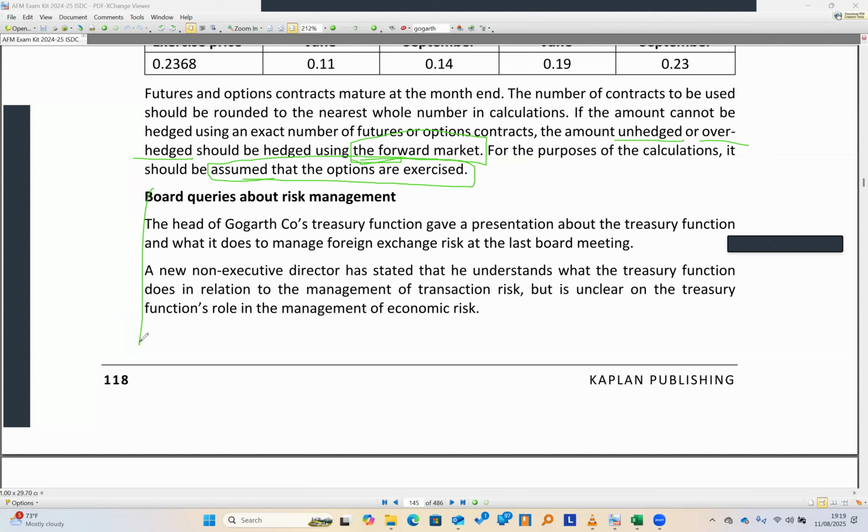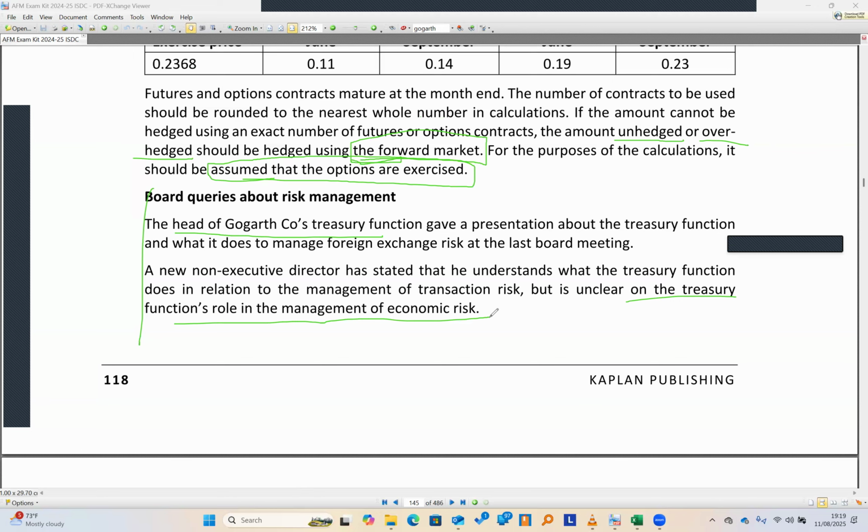So that's the first part of the question, and you can easily answer that before going to the board queries. But the board, especially the head of the treasury function, gave a presentation about the treasury function and what it does to manage the foreign exchange risk at the last board meeting. So a new non-executive director has stated that he understands what the treasury function does in relation to the management of transaction risk, but does not understand the treasury function's role in management of economic risk.